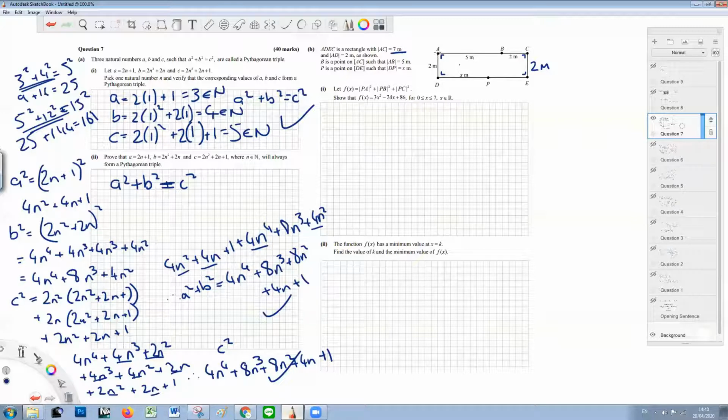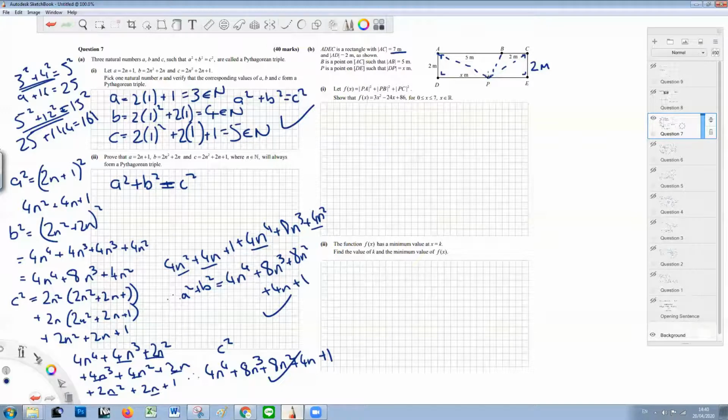So the first thing I'm going to do is draw this line, because I know that I'm first going to be looking for PA squared. So that's a right angle triangle. Next I'm looking for PB. So I need to know this. And I need to know PC squared.